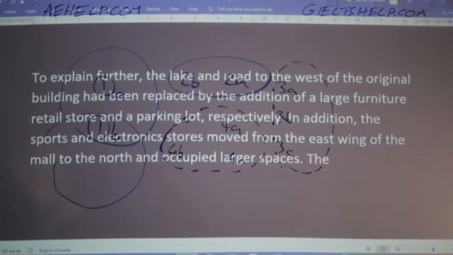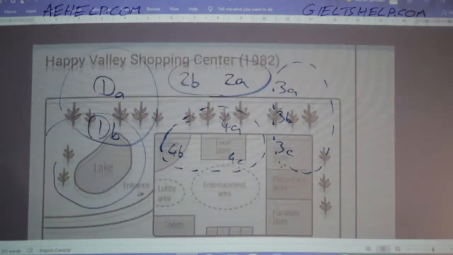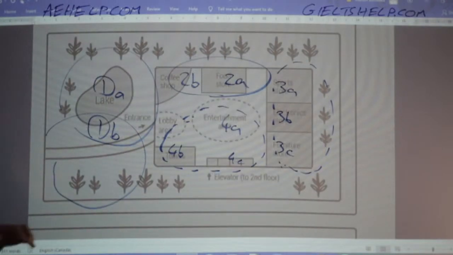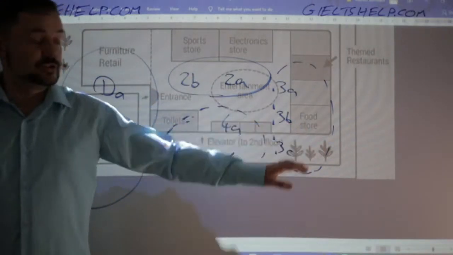The coffee shop, or as a result, the coffee shop disappeared and the, what did they call it? They called it the food store. Okay, so the food store moved down to where these other stores were.